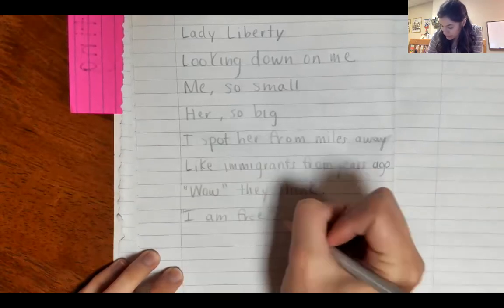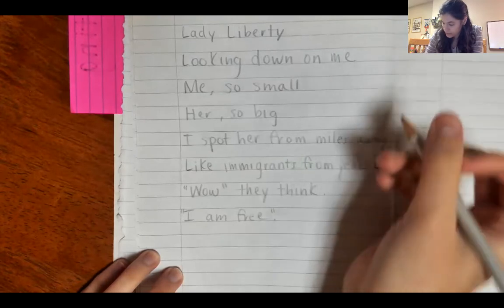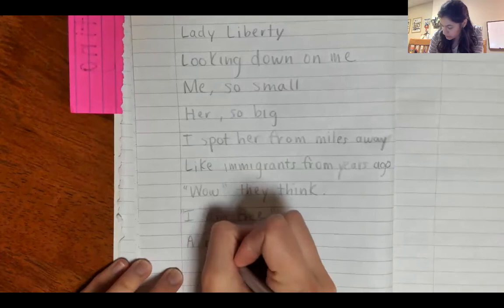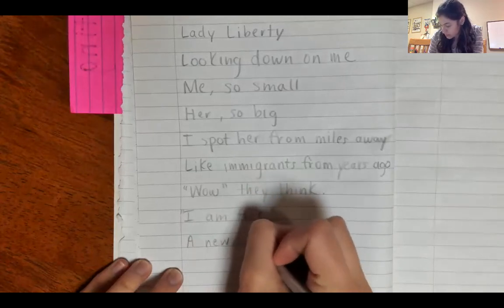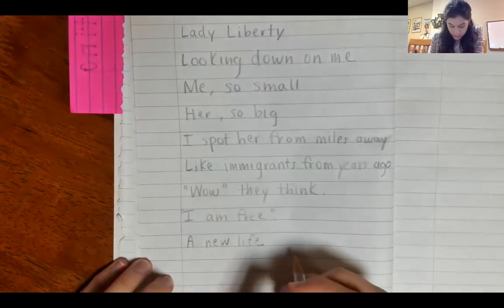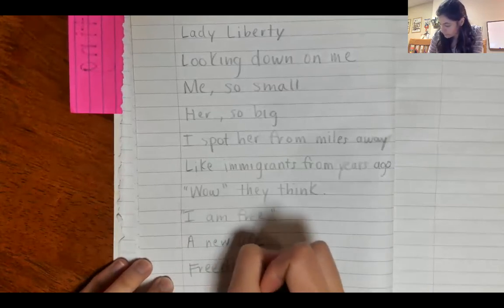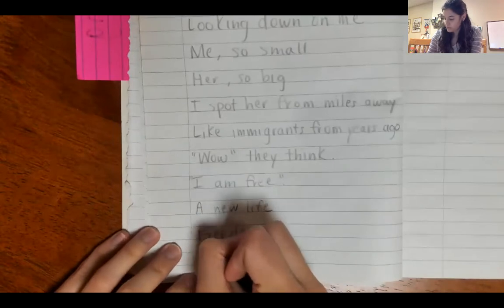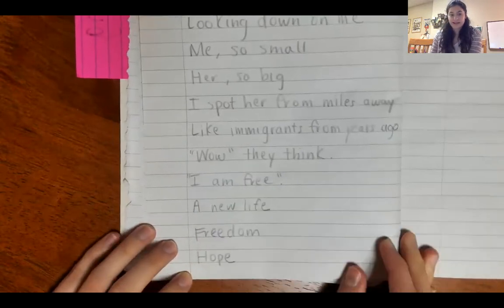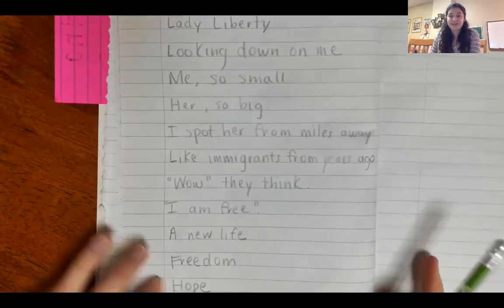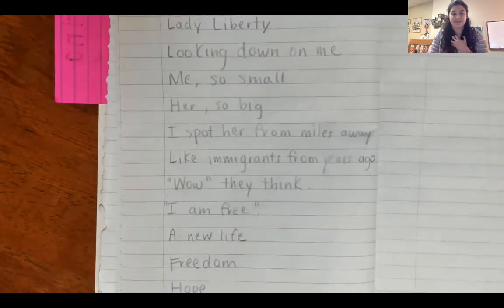That's what I think the immigrants were thinking. A new life, freedom, hope. Okay, and that's my poem right now, and it makes you feel what I was feeling in that small moment and what those immigrants from many years ago were feeling. I felt the same thing that they must have been feeling.